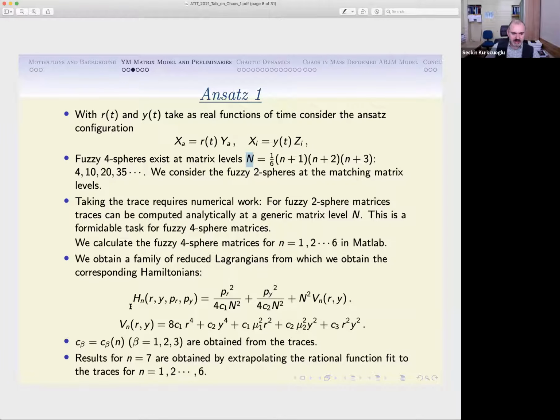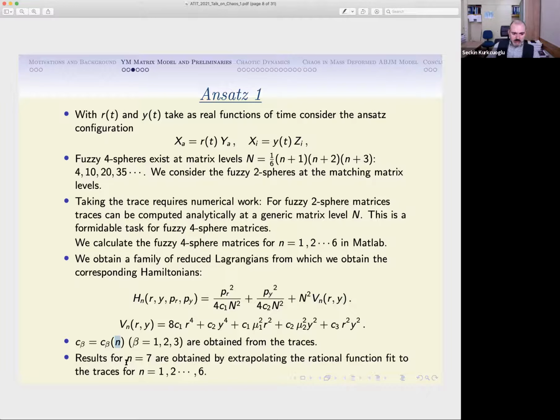So this is what we get. This is the Hamiltonian that we obtain. P_R and P_Y are simply the conjugate momenta associated to R and Y. And this V_n(R,Y) is the effective potential, and the coefficients C1, C2, and C3 are numerically evaluated just by MATLAB, so they differ for different matrix levels.